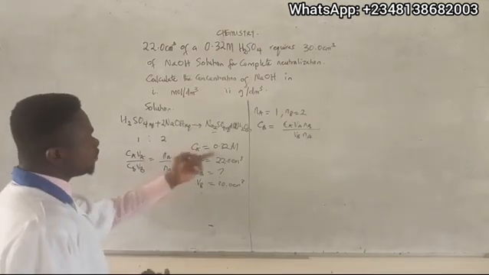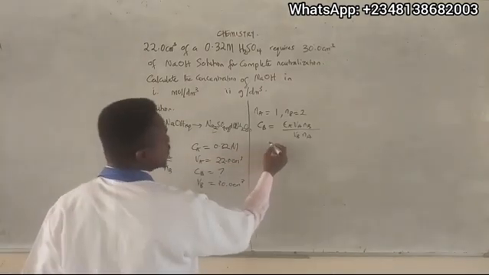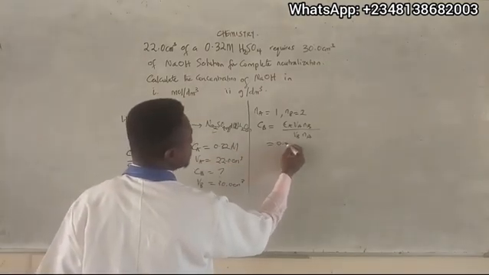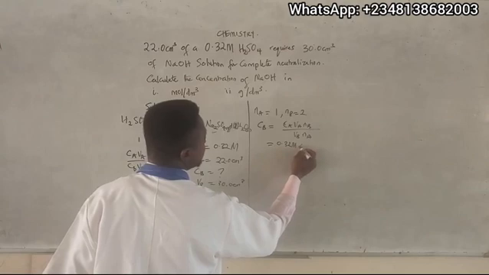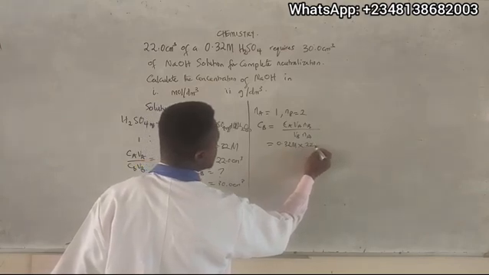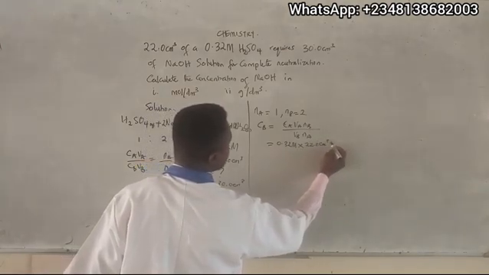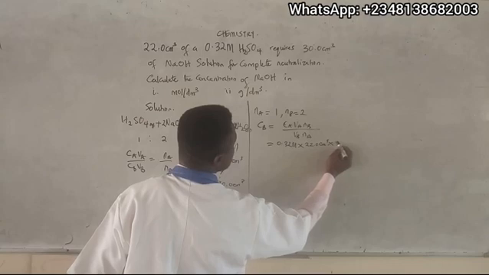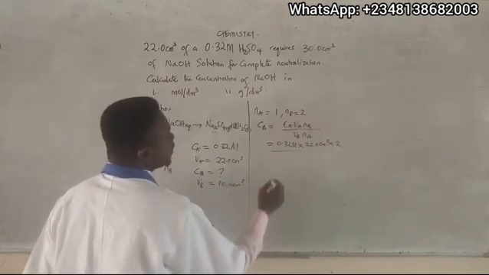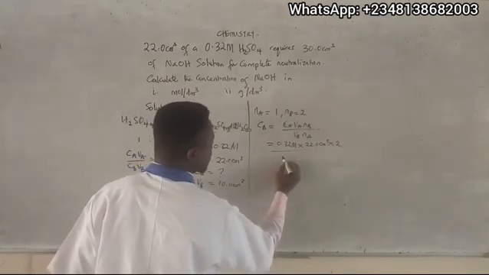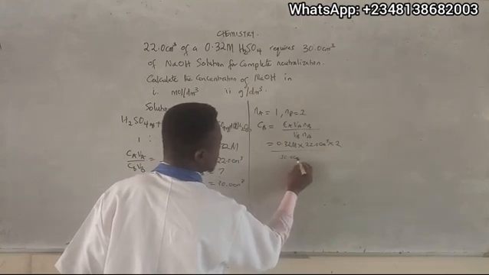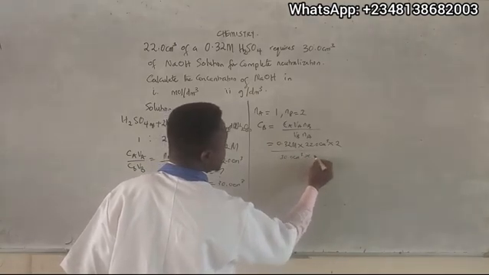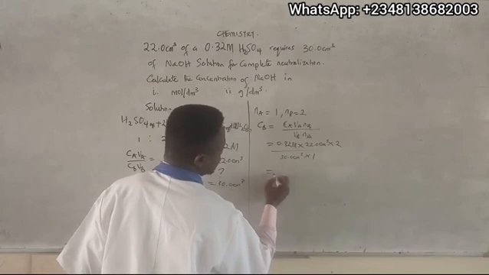We already know the values of these, so let's substitute. CB is now equal to 0.32 M times VA, which is 22.0 cm³, times NB, which is 2, over VB, which is 30.0 cm³, times NA, which is 1.